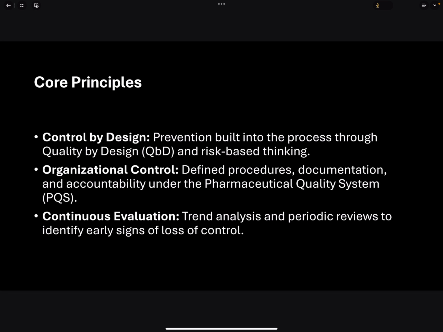Every procedure, every role, and every document is structured under the company's quality system. And finally, continuous evaluation. We don't just set controls once, we constantly analyze trends and review data to catch any early warning signs before problems occur.